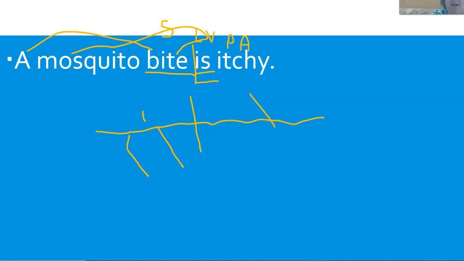Here we would have a B for the bite. Here is our verb, our linking verb. Is what? Is itchy, our predicate adjective. And then we would have the A for the adjective, and then the M for mosquito to describe what kind of bite it is.